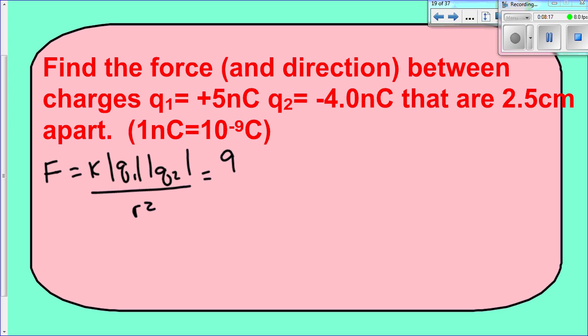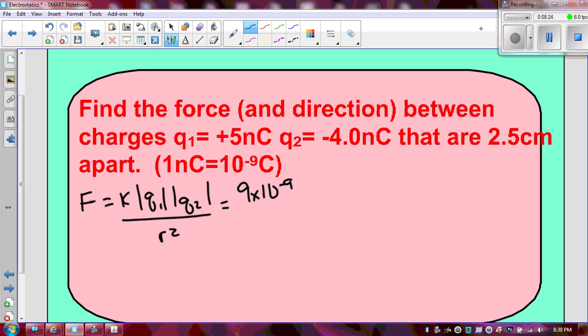My K constant is 9 times 10 to the 9th. Newtons meters squared per coulomb squared. Okay.